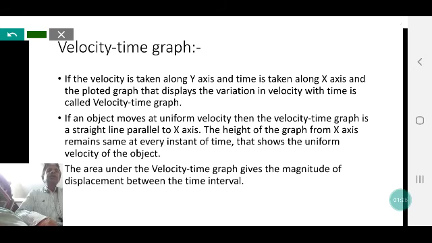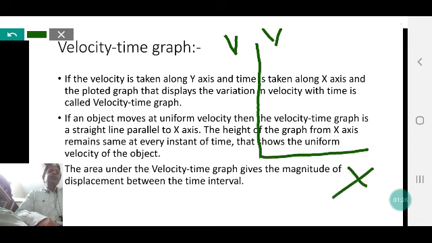The velocity is taken on the y-axis and time on the x-axis. This line is the velocity time graph.